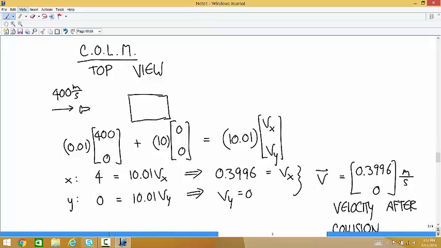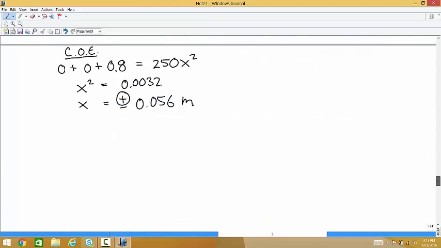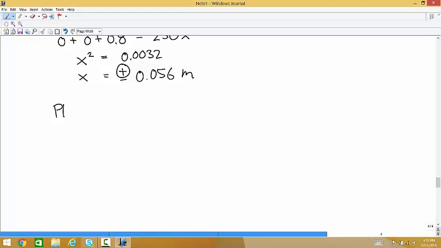And there's one other thing I wanted to say about the practice problems. In the practice problems, in conservation of linear momentum, there are elastic collision problems.